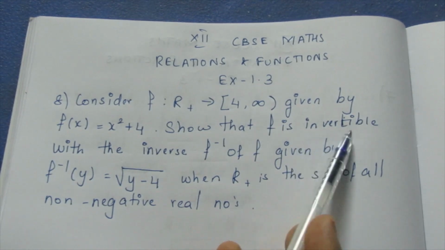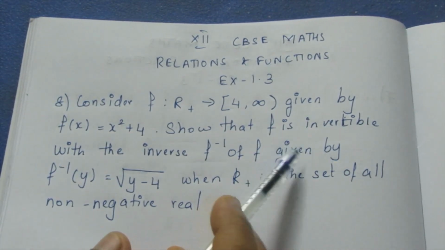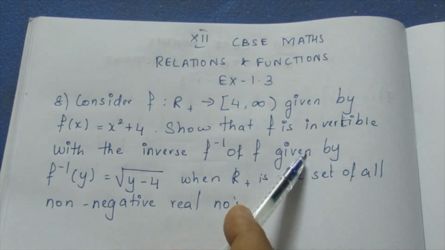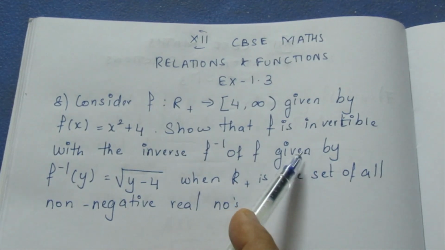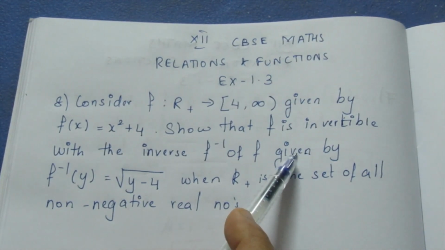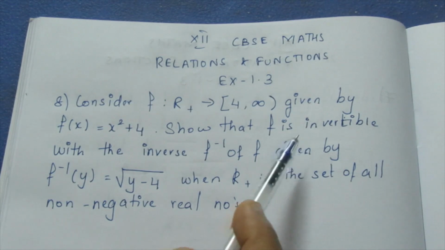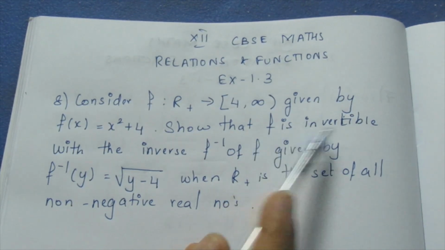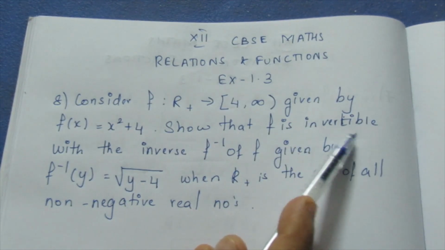Invertible means f inverse should exist. F inverse exists means it should be both one-to-one and onto. If it satisfies both one-to-one and onto, f will be bijective and invertible.